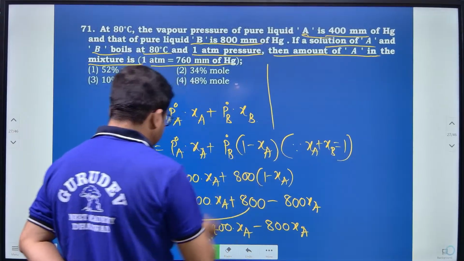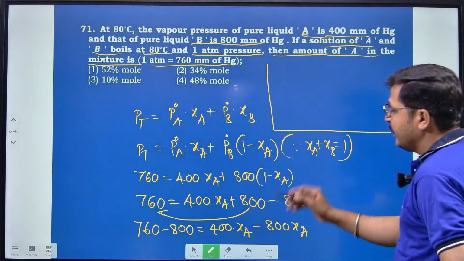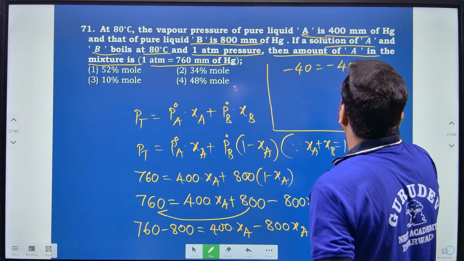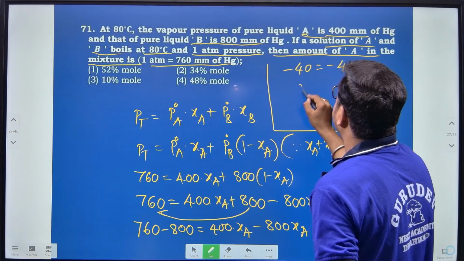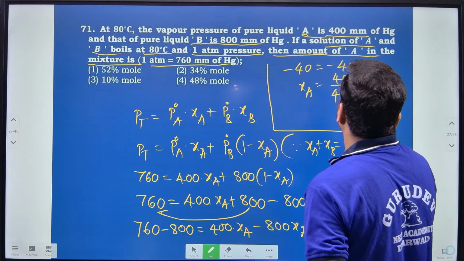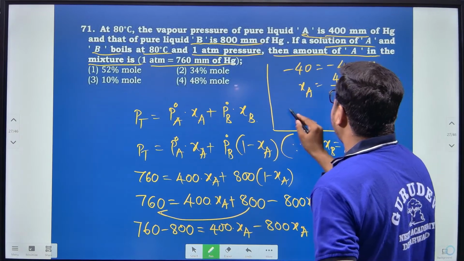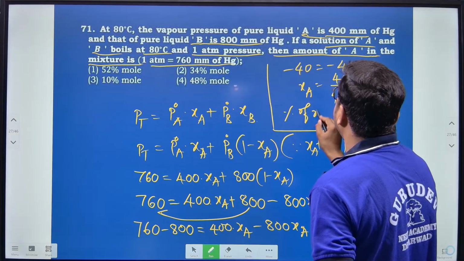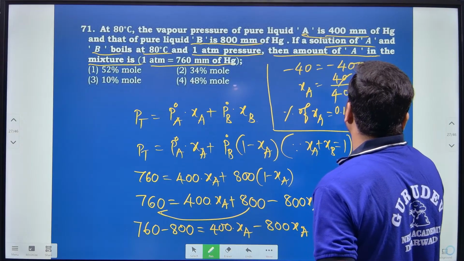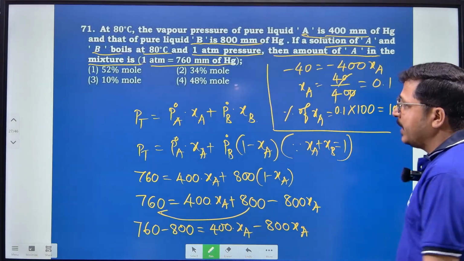After subtracting this, the value will come here. I will simplify this and finalize it. So this becomes minus 40 is equal to minus 400 XA, and XA is equal to 40 by 400, minus minus cancels, 40 by 400, and this becomes 0.1. Therefore percentage of XA is 0.1 multiplied by 100, which will be 10%.